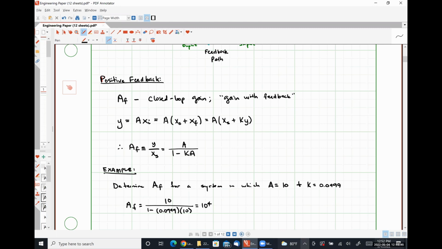It's possible to use a feedback network that will give us a negative feedback like response, right? So if K were negative here, we would have A over 1 plus KA, which is characteristic of negative feedback, because we're actually going to make the gain smaller, and it's going to give us several advantages from that.